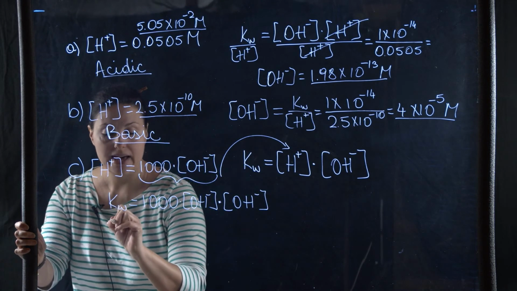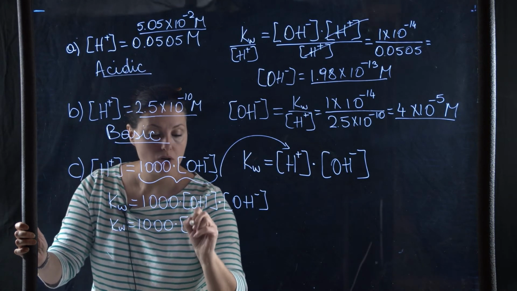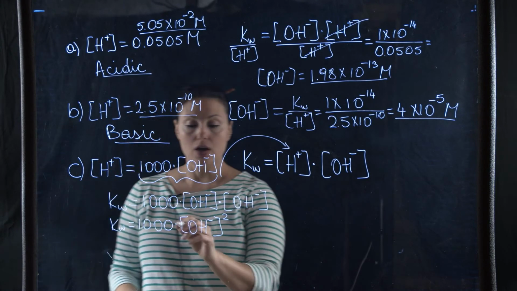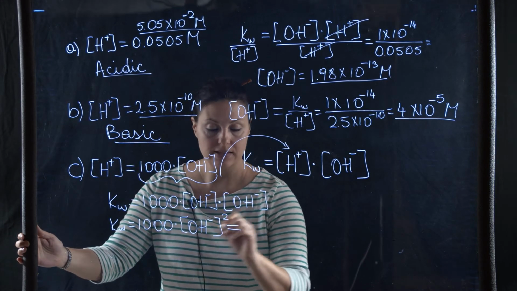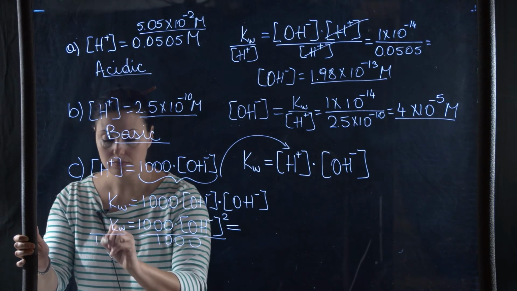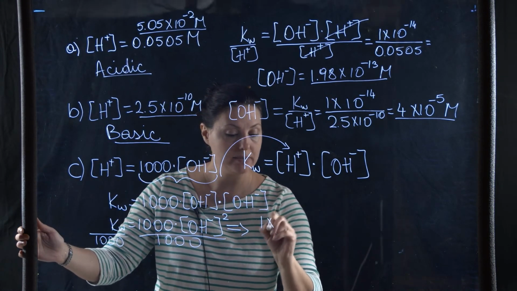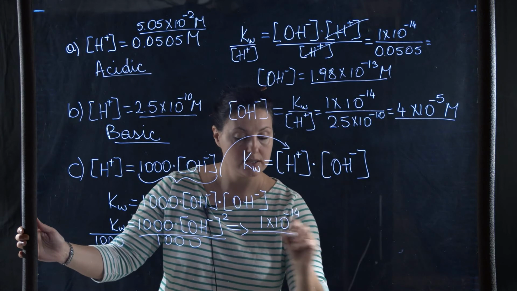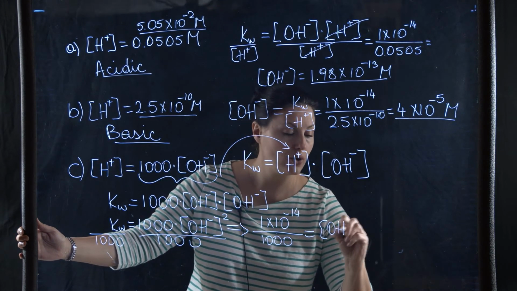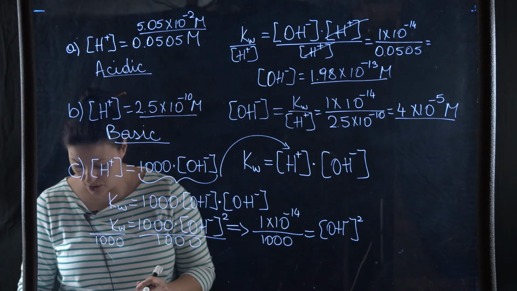So what do I have? I have Kw is equal to 1,000 times OH minus concentration squared. To isolate OH minus, I divide both sides by 1,000. And I know Kw is 1 times 10 to the minus 14, divided by 1,000, is equal to the concentration of OH minus squared.